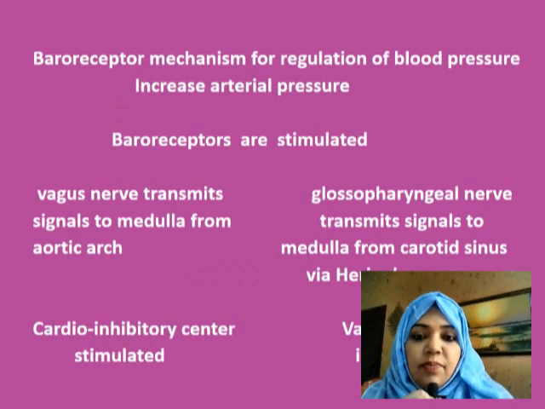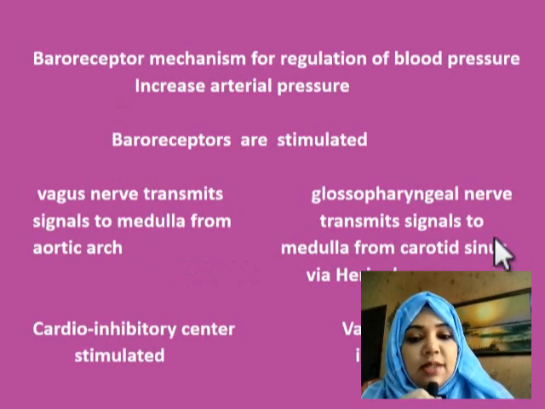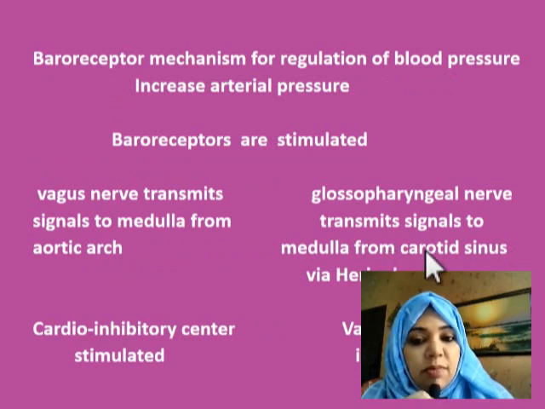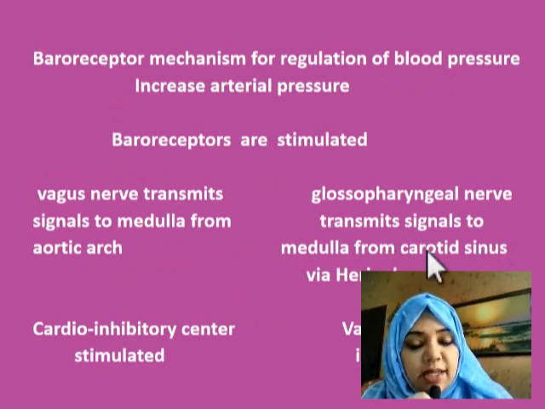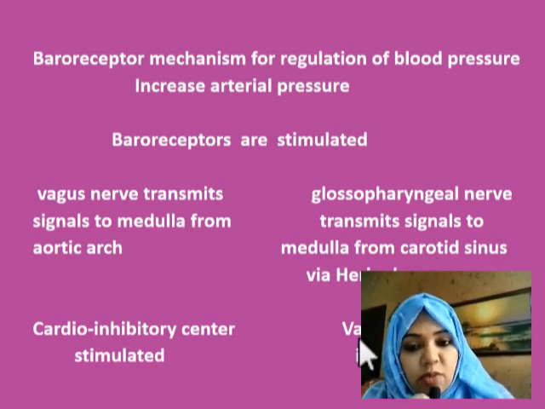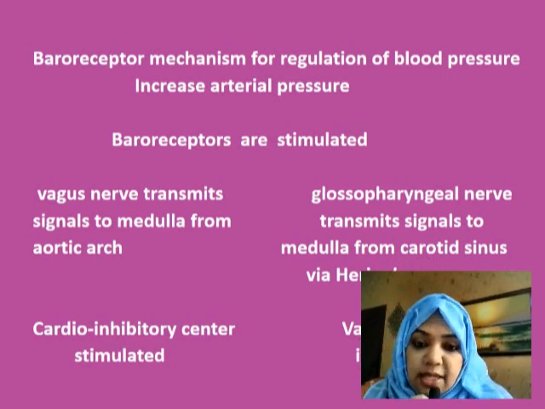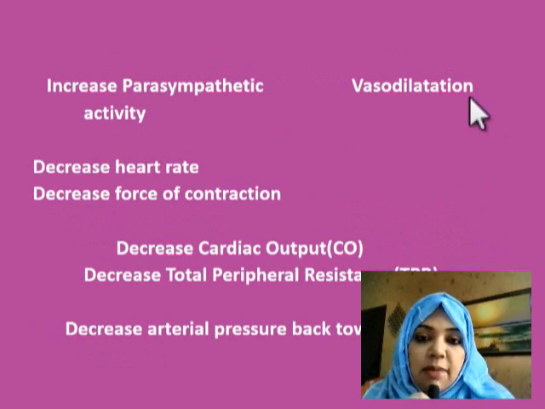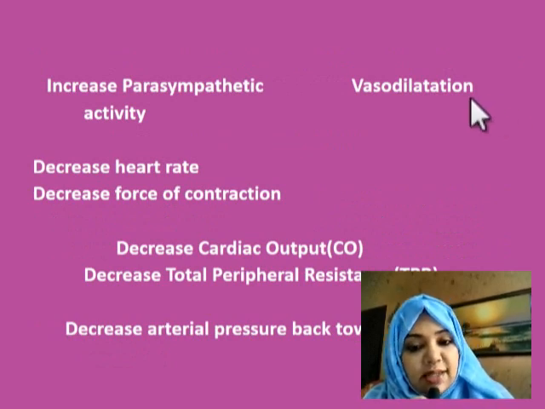On the other hand, glossopharyngeal nerve will transmit signals to the medulla from carotid sinus via Hering's nerve and their afferent fibers, and this will inhibit the vasomotor center. When vasomotor center is inhibited, what will happen? There will be vasodilatation.